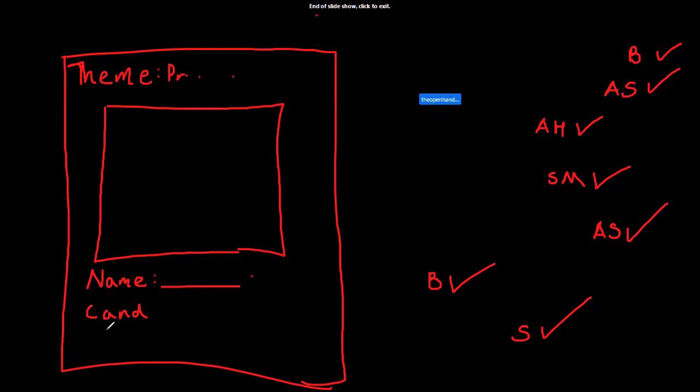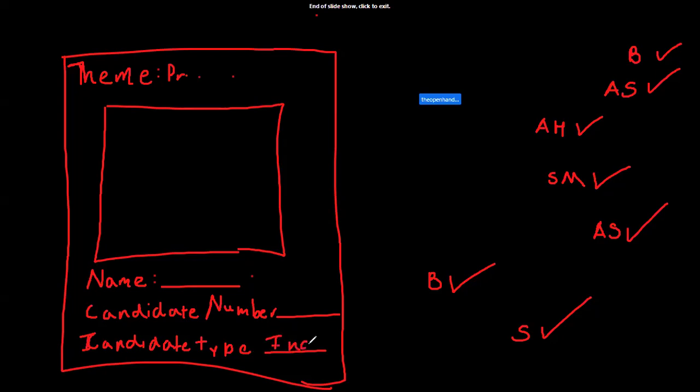And then you say candidate type: independent. And that's all they're asking for. It's a cover page. Right there.